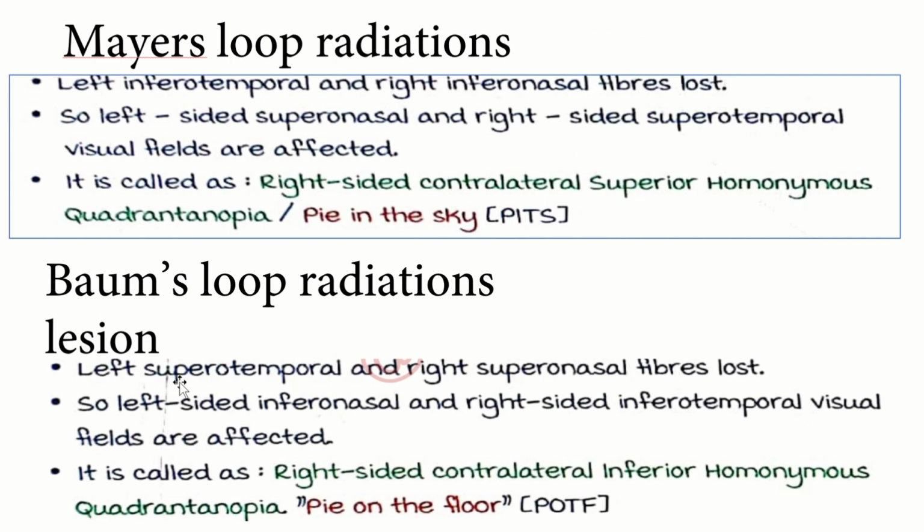We will see the defect in the inferior part of the visual field. There will be loss of the inferior visual field. It can be inferior nasal and inferior temporal. So if the lesion is on the left side, left sided inferior nasal and right sided inferior temporal visual fields are affected. I will show again in the picture.